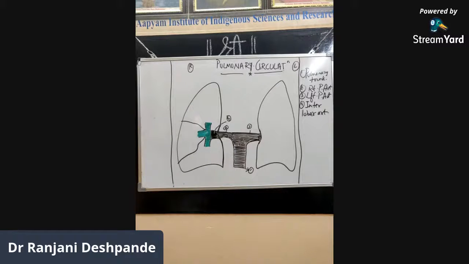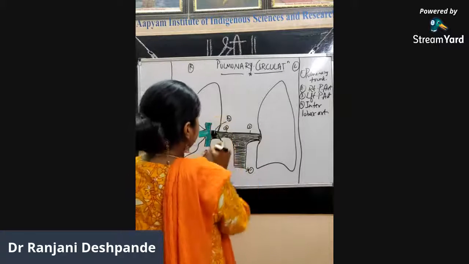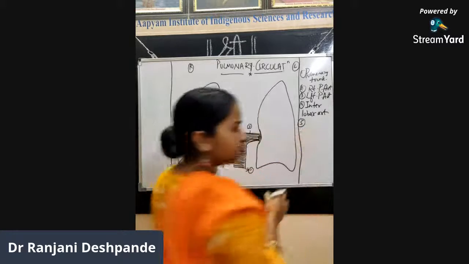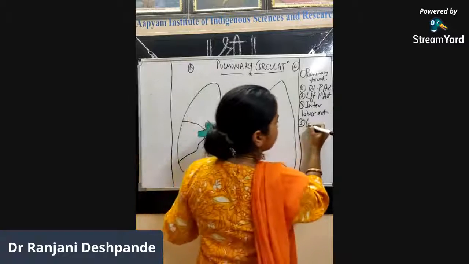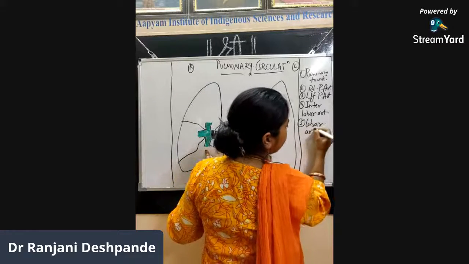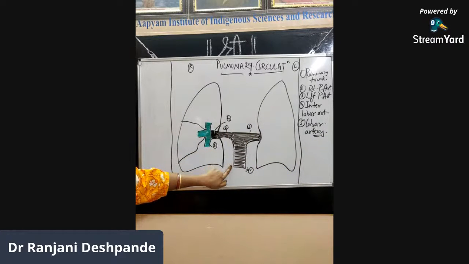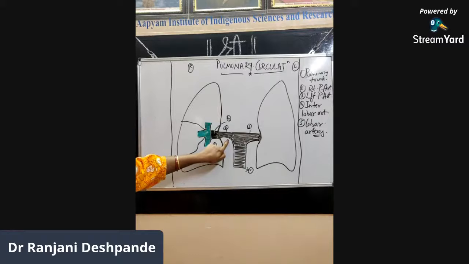So now this becomes number 5. So it is going into the lobes. So this is called the lobar artery. Okay. The main pulmonary trunk, right pulmonary artery, interlobar artery, and now comes the lobar artery, that is the 5th.